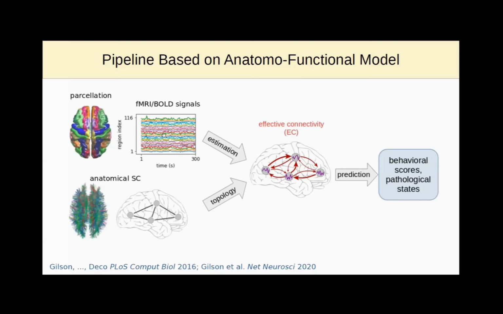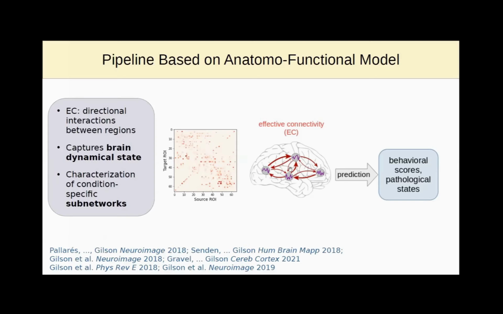So the idea here is to bring into the dynamic model the two types of data. In this dynamic network, the different regions are connected by some weights.